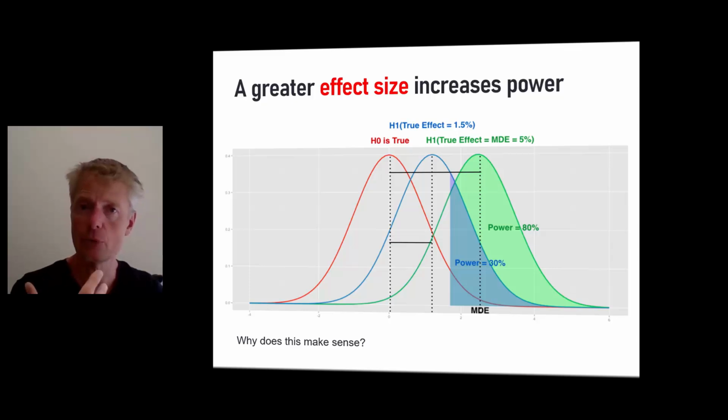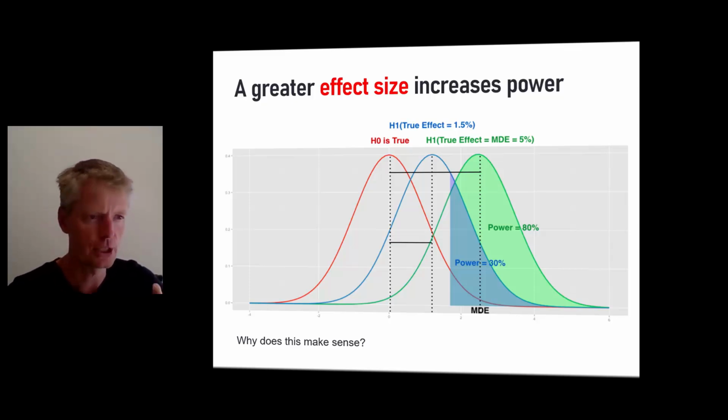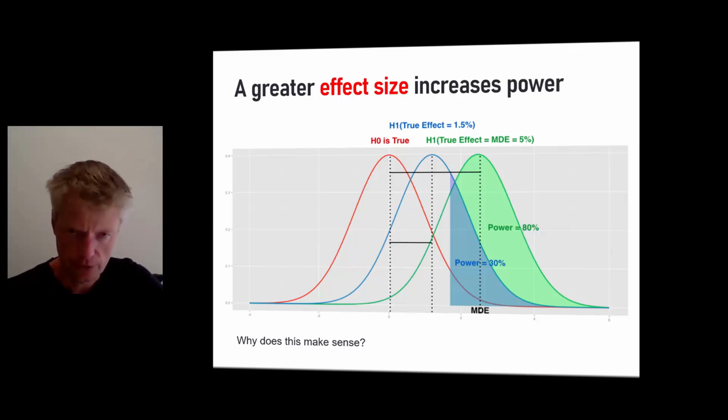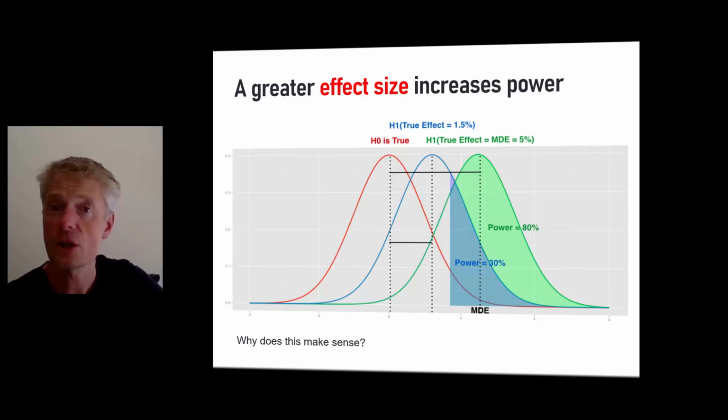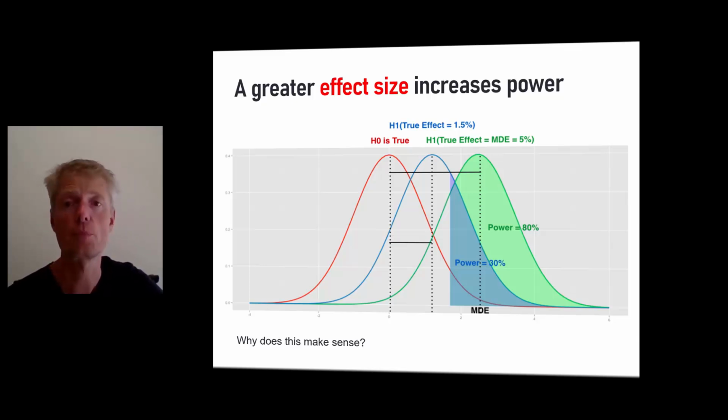Power is this green area that I showed you earlier, and the green area clearly grows. By shifting that curve out, by saying that you want to be able to identify a much larger effect, power goes up to 80% rather than the earlier 30%. Okay, so that's effect size. Effect size is a major determinant of statistical power.